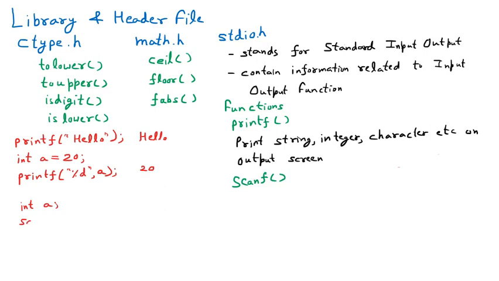Then we will say scanf, %d for the integer value, comma, &a, means the address of a. So at the address of a we are going to give the value. So if the user is going to give some value, let us suppose 20 or anything, that value will be stored in the variable which we have passed. So if user is giving the value as 20, that will be stored into the variable a.